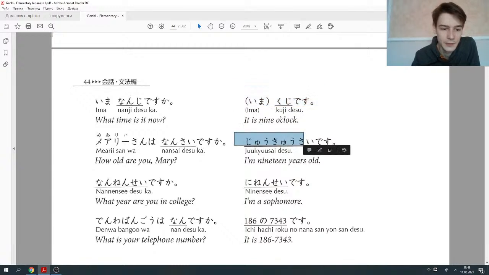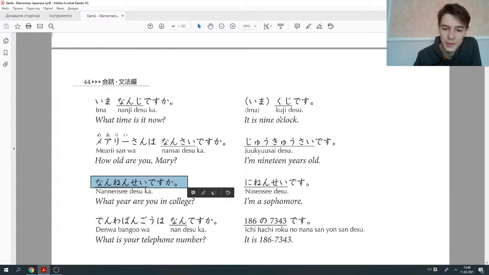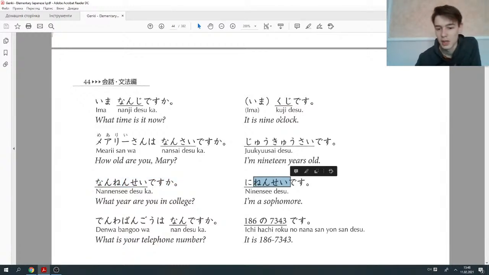Nannensei desu ka? So what year are you? 2-nensei desu. Nensei, year. 2-nensei desu. So if you want to say third year student, you will say 3-nensei desu. First year student, 1-nensei desu, and so on.